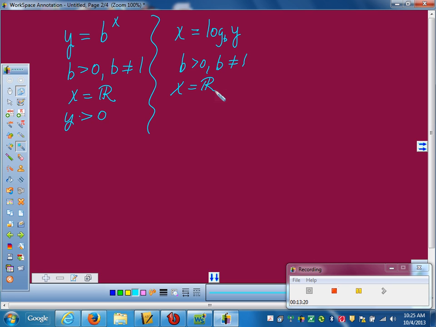What do you know about the number inside the log, y? That's got to be positive, greater than 0. The easy way to remember it: everything attached to the log, the base and the argument, is always positive. You cannot have anything attached to a log that's negative. In other words, nothing really changed.